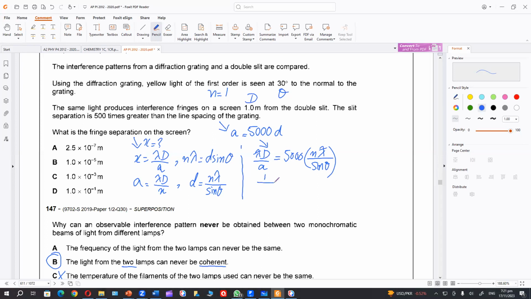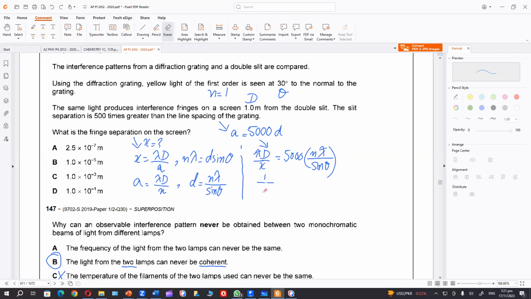I have small a, sorry, it is lambda D upon x. One lambda is cancelled. What is x?